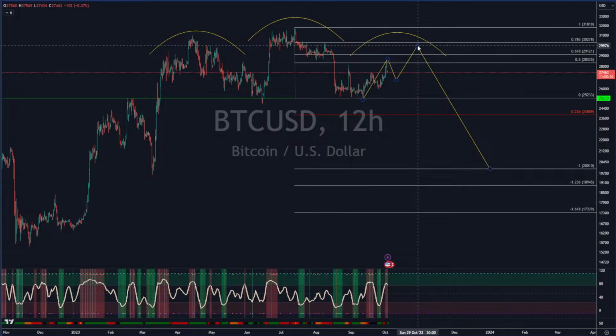I don't have anything significant to mention when it comes to time cycles for Bitcoin, so I'm not going to talk about them because there's nothing relevant here. But we do have two significant time cycles commencing today, which I think is important to mention.